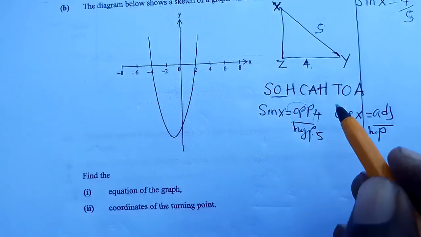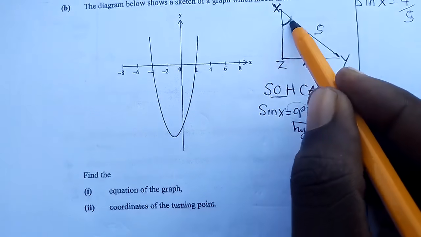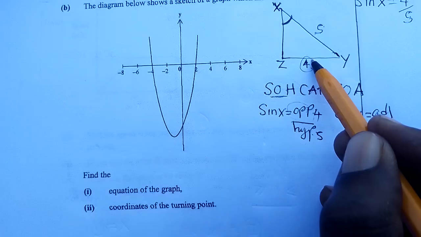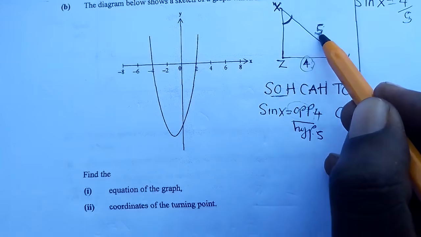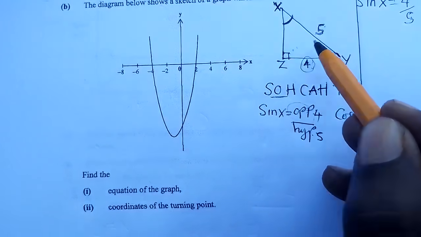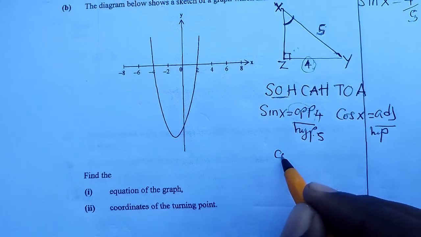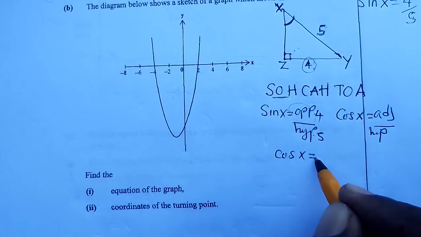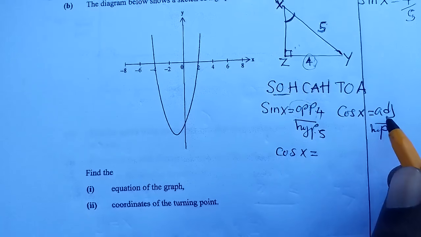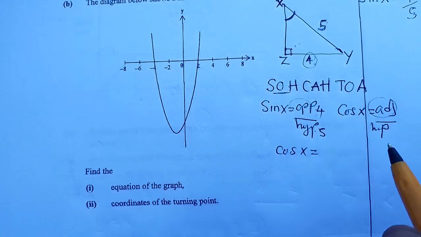When the angle is there, 4 is opposite, and this one is the hypotenuse. I'm told now to find cos X. Cos X is equal to adjacent. What is your adjacent? Adjacent is this side.